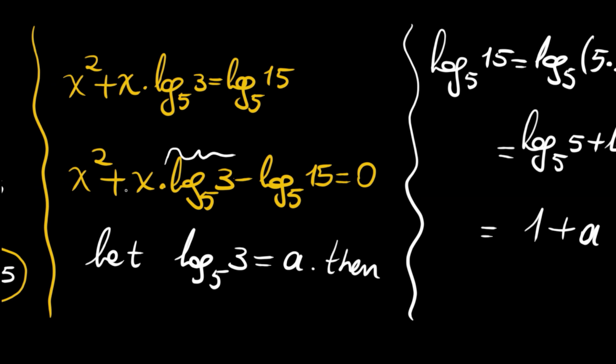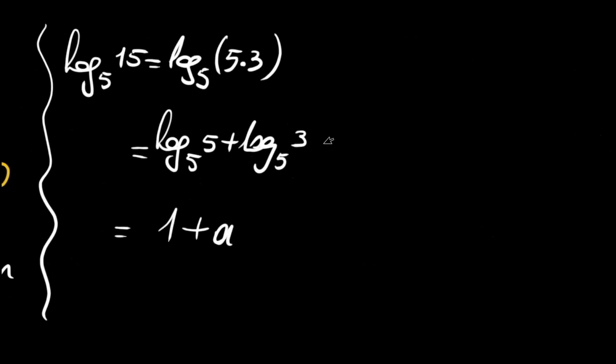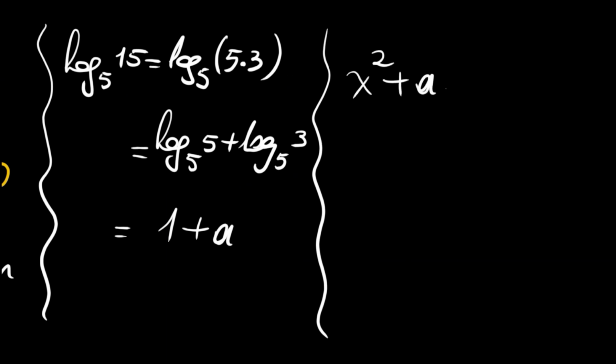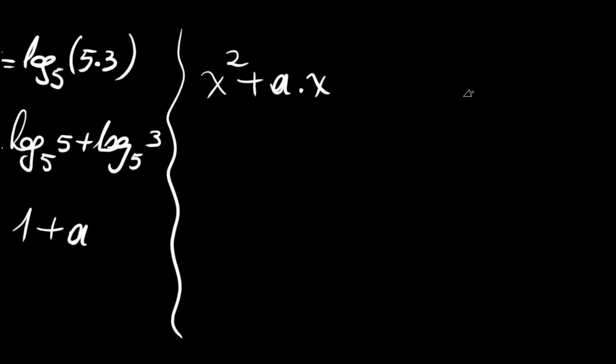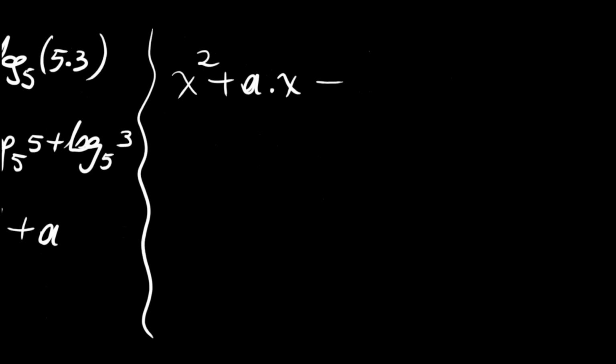Our quadratic becomes x squared plus x times a minus (1 plus a) in brackets. Actually, let me write this again and try to use the quadratic formula. We have x squared plus a times x minus, in a bracket, 1 plus a. This is equal to 0.